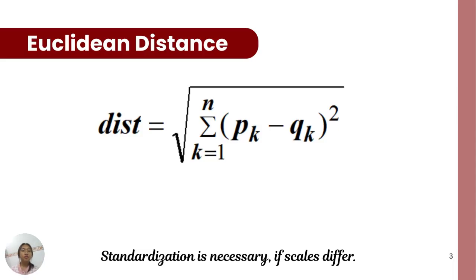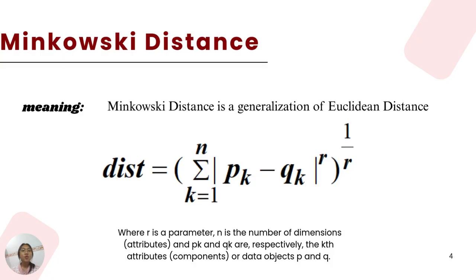So now let's move to Minkowski distance. It's a generalization of Euclidean distance, and this is its formula, where r is a parameter, n is the number of dimensions, and Pk and Qk are the k-th attributes of data objects P and Q.